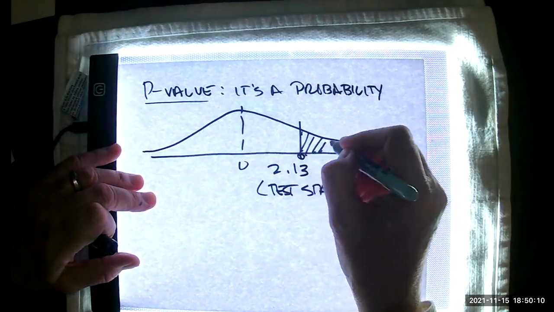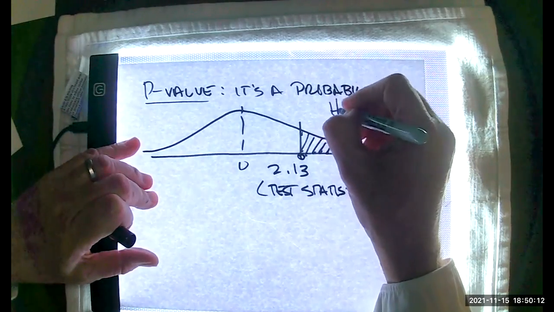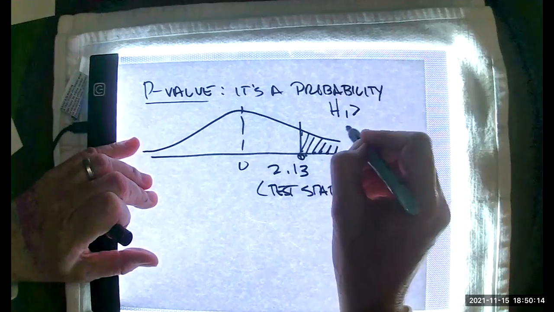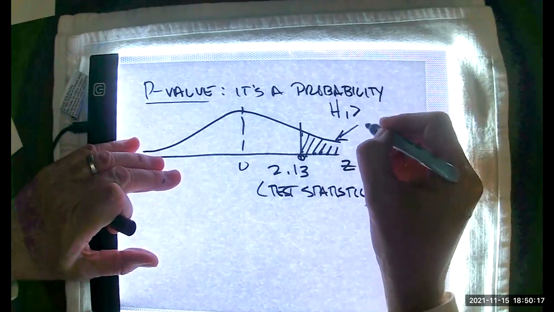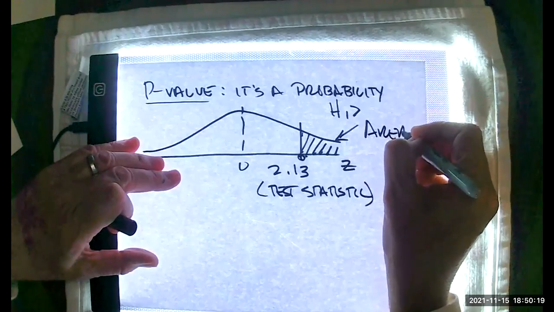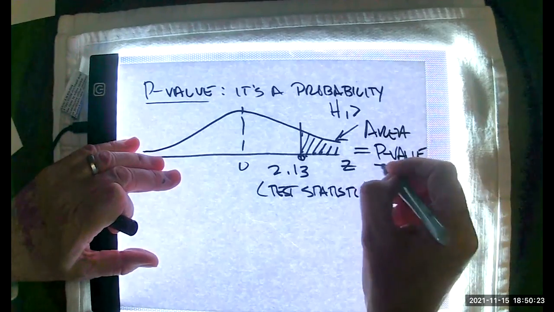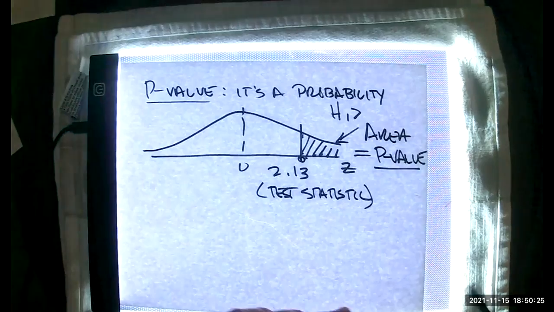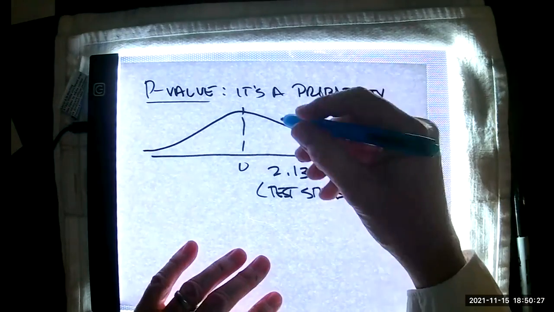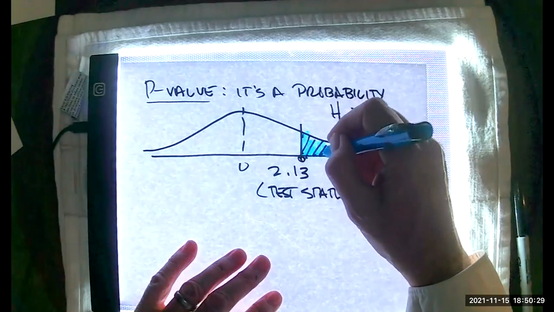Because this is a right tail test, the p-value is this area right there. That area is equal to the p-value.